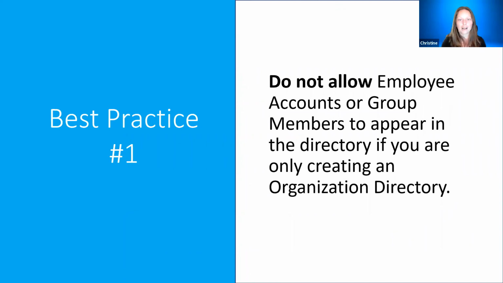Otherwise, you might have 5 or 10 of that organization appear in the directories with every single employee. So it depends on how you want to set that up. But 99% of the time, people don't want every single employee to appear in an organization directory. So you want to not allow that by not having that turned on in the membership category. So just something to always be careful about.